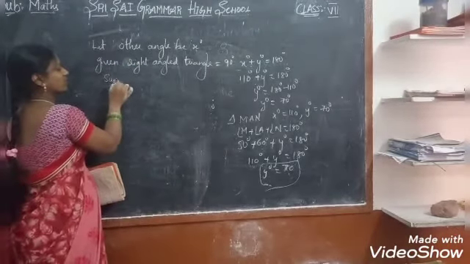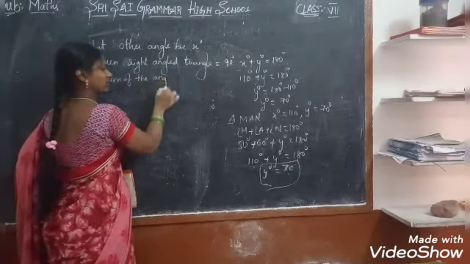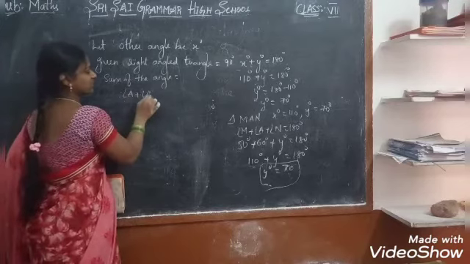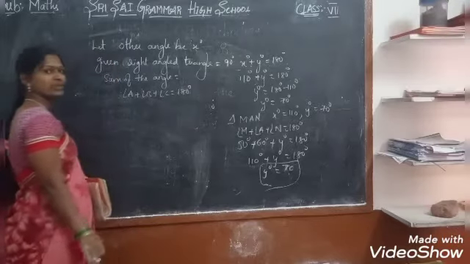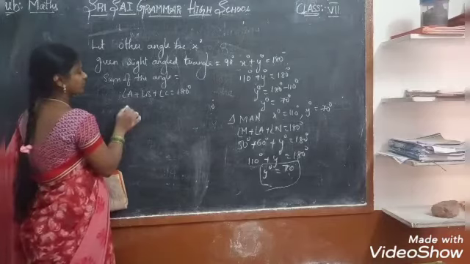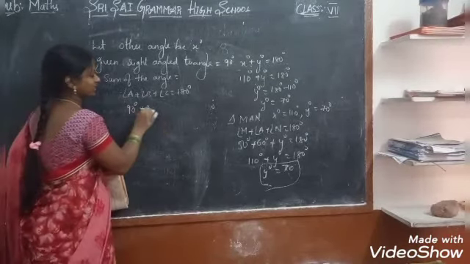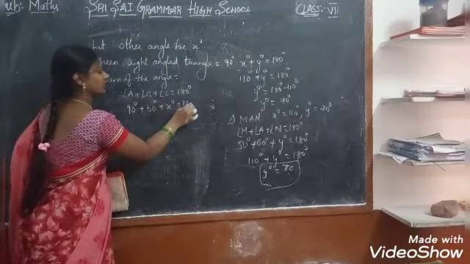By the sum of the angles, angle A plus angle B plus angle C equals 180 degrees. Angle A is 90 degrees, angle B, the other acute angle, is 30 degrees, and the other angle is x degrees, equals 180 degrees.